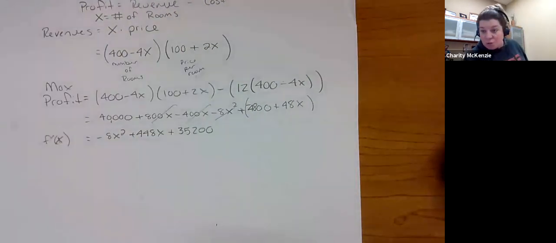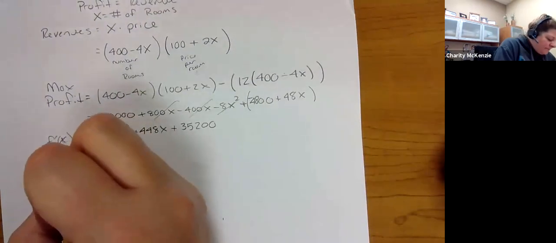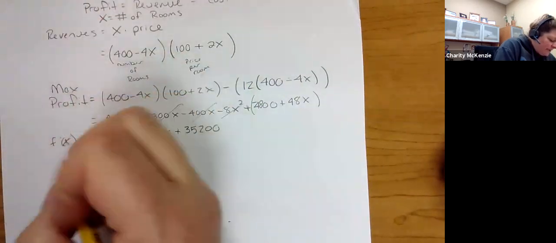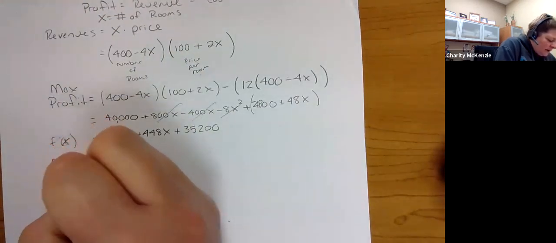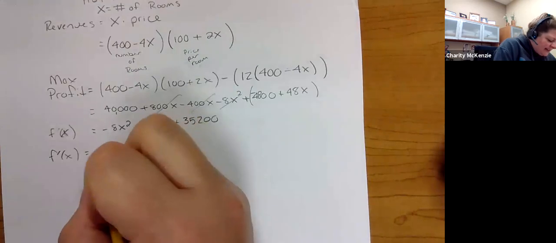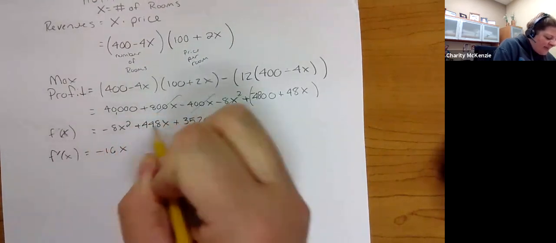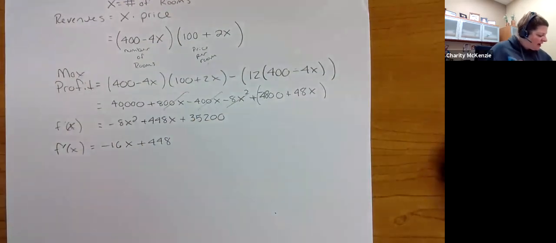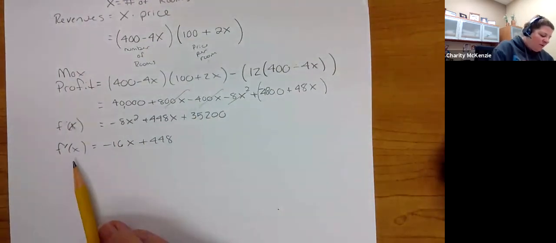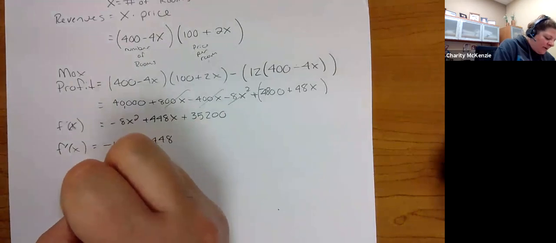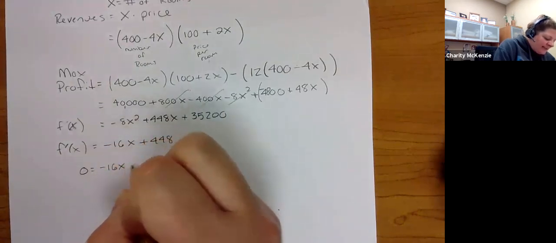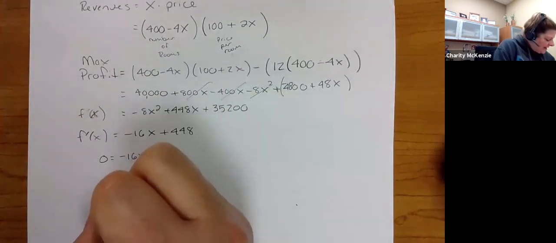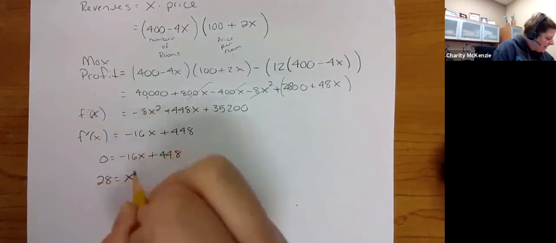So we'll take the derivative. I wrote it as a derivative. It's not the derivative yet, but it will be. Okay, so negative 16x plus 448, and then everything else drops off. I want to equal it to 0, divide it by the 16, and I get 28.